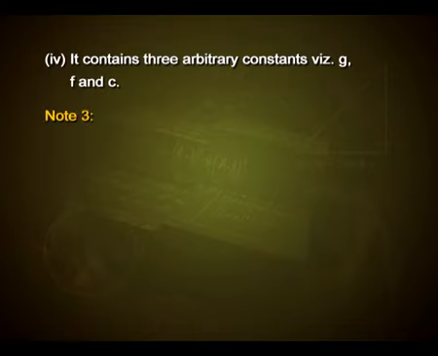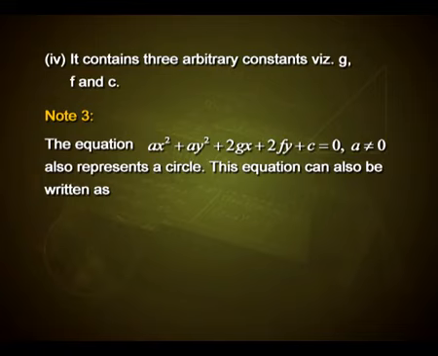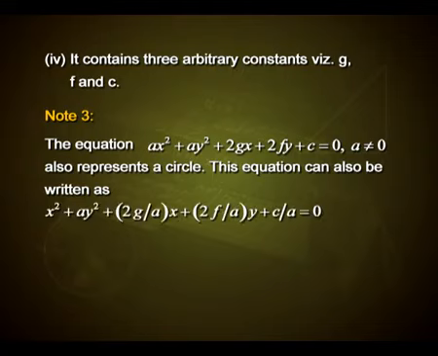Yet another point to discuss here is the equation a x square plus a y square plus 2gx plus 2fy plus c is equal to 0 and a not equal to 0 also represents a circle. This equation can also be written as x square plus y square plus 2g upon a into x plus 2f upon a into y plus c upon a is equal to 0.